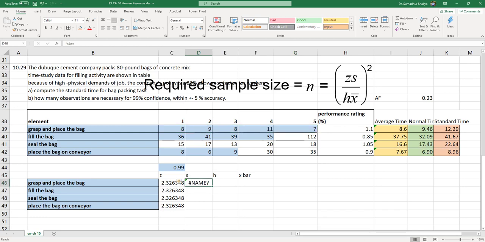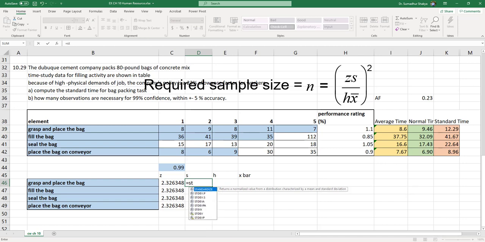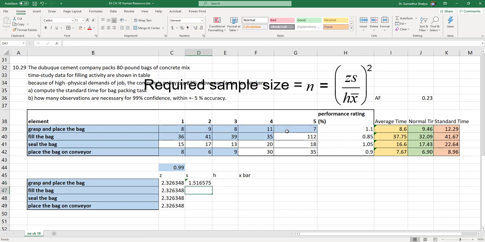So when I do standard deviation, I'm going to do it for the same. That was the reason why I colored this out, so then I don't make the mistake. So the first one is like this, and then equals STDEV, standard deviation of these 4 numbers. And then the third one, so let me check average time, so it's for all of these.